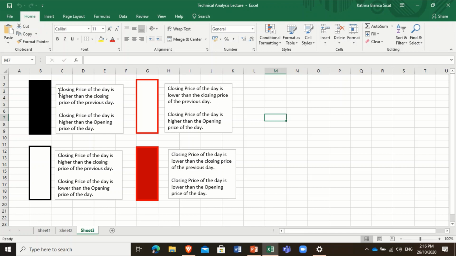So, maliwanag, no? We are only basing our answer on the closing price. Kasi ganun ka-importante yung closing price or the last price at which the stock was traded in a particular trading period or a trading day.